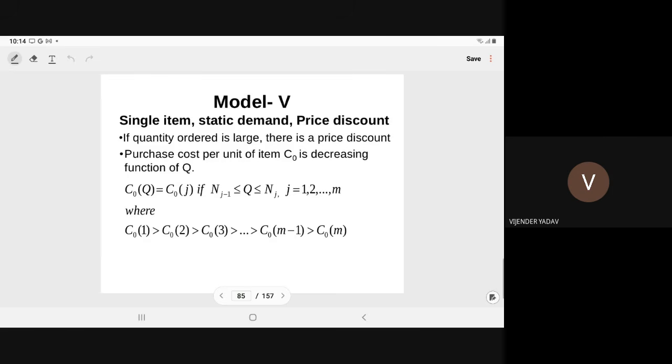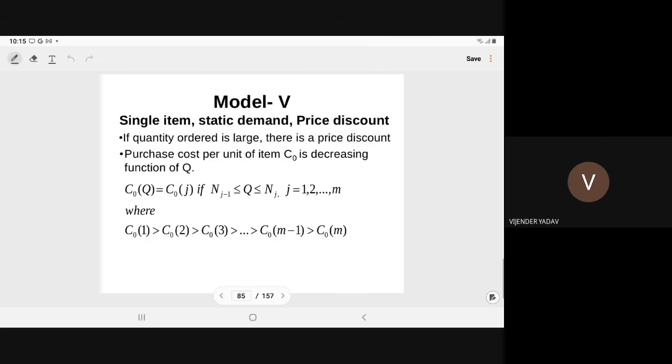The most general model is model third, from which we derived model 1, model 2, and model 4. Now model 5 is an extension of these models. Here also we first study the extension of model third, and from there we derive the extensions of model 1, model second, and model 4 as special cases.